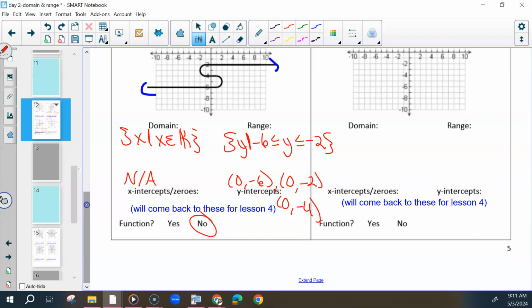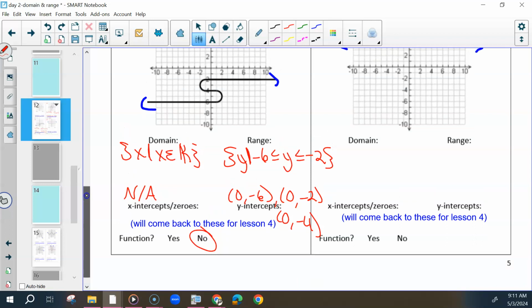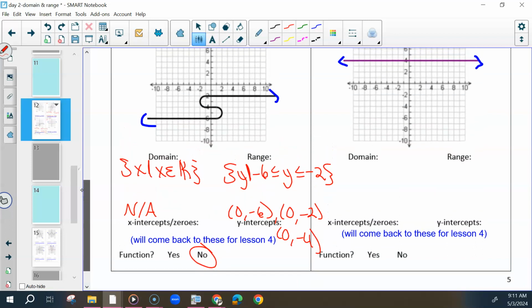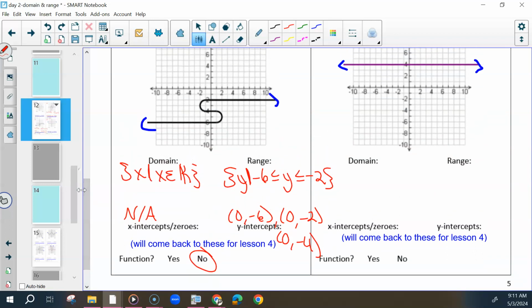We're just going to talk domain and range of this next one. What would the domain be? All the numbers. The range, does it move? No. So when you write your range, it's just going to be y equals.